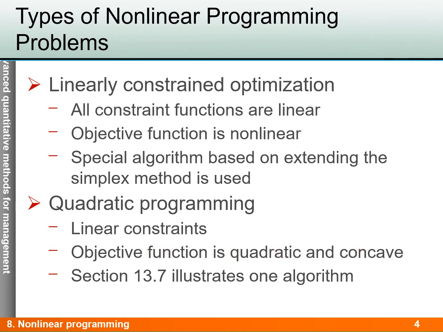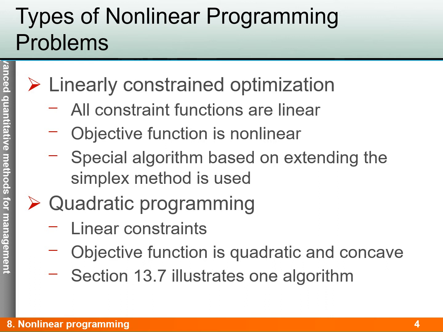We know what is concave, but quadratic means one part should have an exponent equal to 2. For example, x1 elevated to 2, or x1 multiplied by x3, 1 plus 1, it's 2. Okay, so that is the meaning of quadratic.